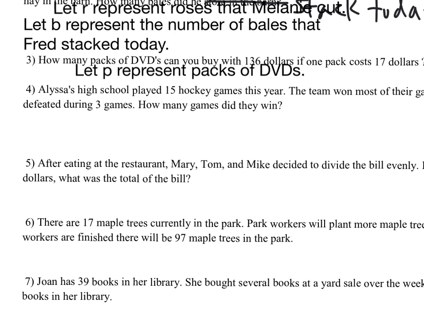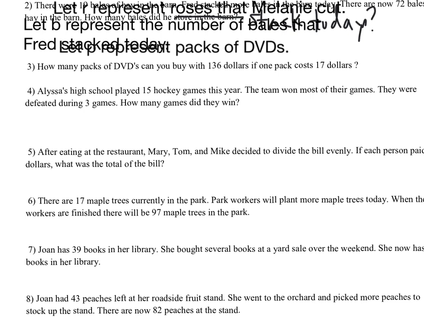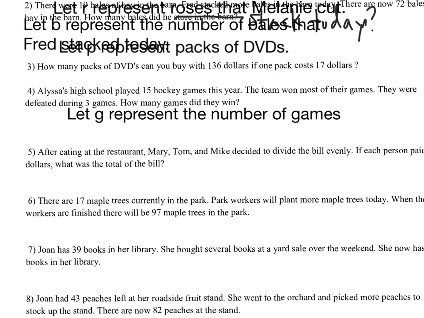Number 4, Alyssa's high school played 15 hockey games this year. They won most of their games. They were defeated during 3 games. How many games did they win? So we're trying to find out how many games they won. So we could say let G represent the number of games won.